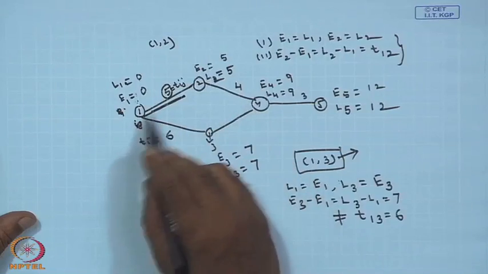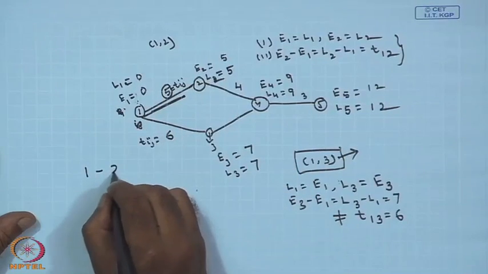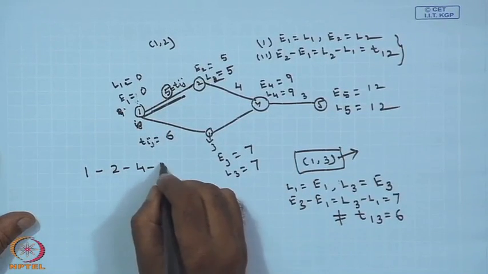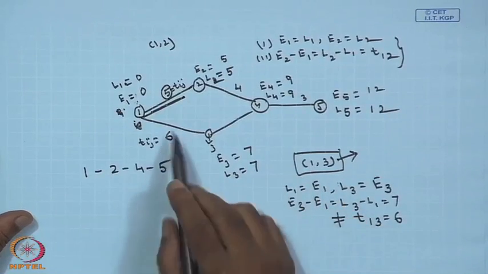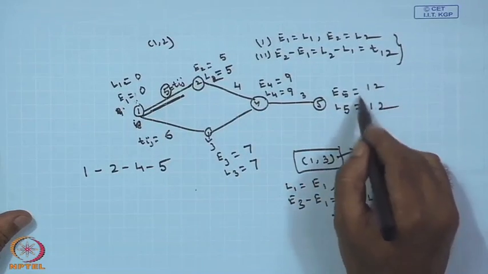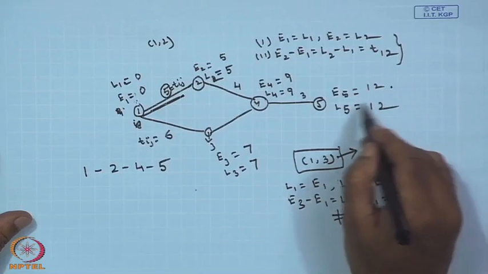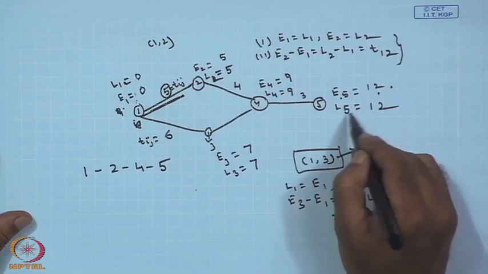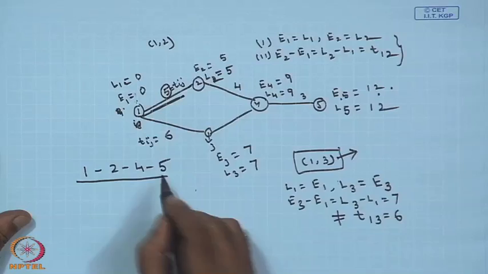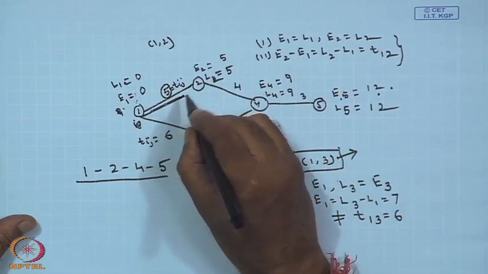So the critical path will be 1 2 4 and 5. The minimum project completion time is now 12, whatever may be the times of E5 and L5. I will show this through examples after some time.